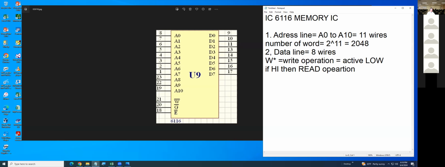Now, the next one will be pin 20. Write was pin 21. The next line will be pin 20.